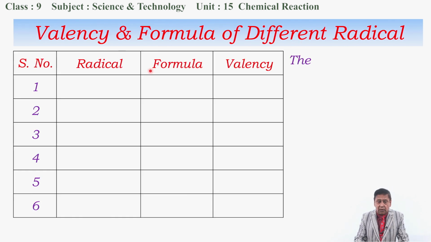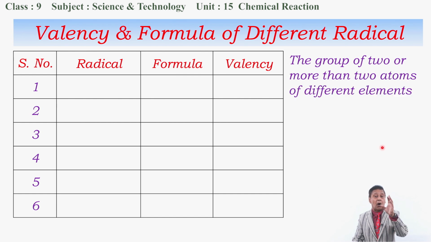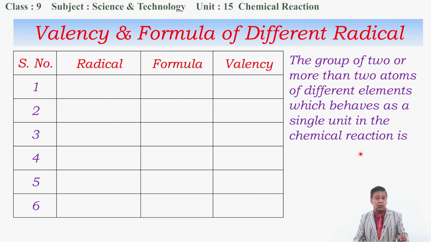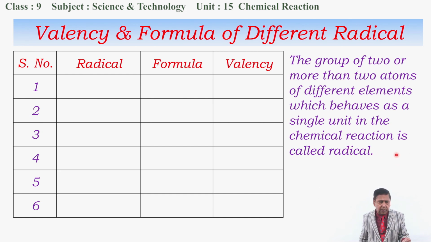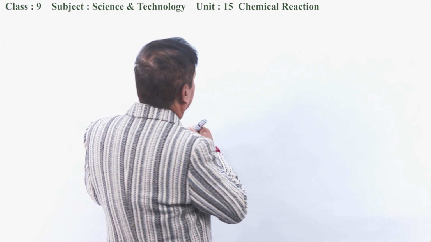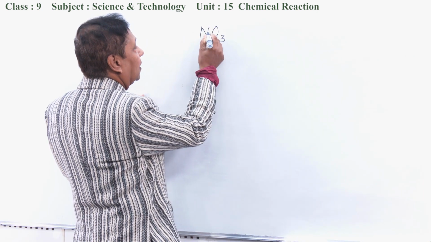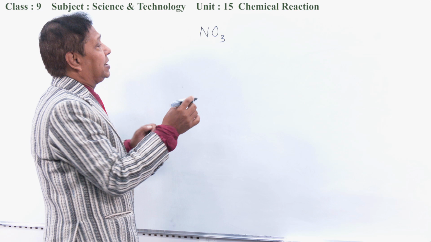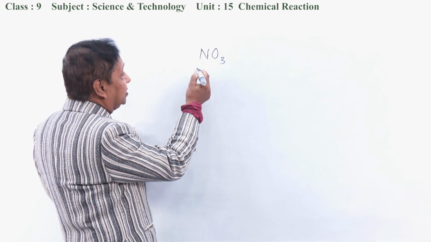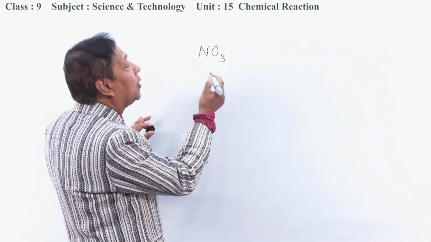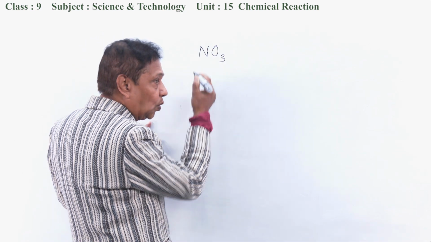What is a radical? We can say this way: a group of two or more atoms of different elements which behaves as a single unit in a chemical reaction is called a radical. Look at this radical, NO3, called nitrate. Nitrate contains one atom of nitrogen combined with 3 atoms of oxygen, and its valency is 1.